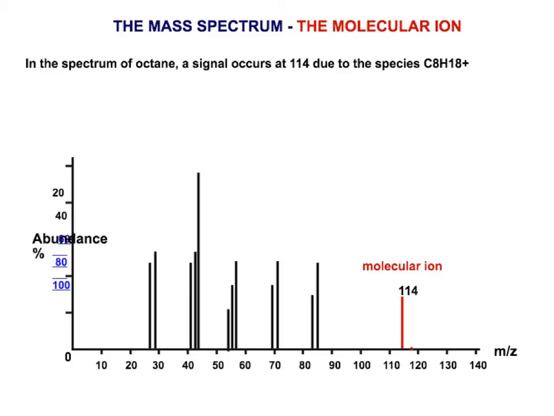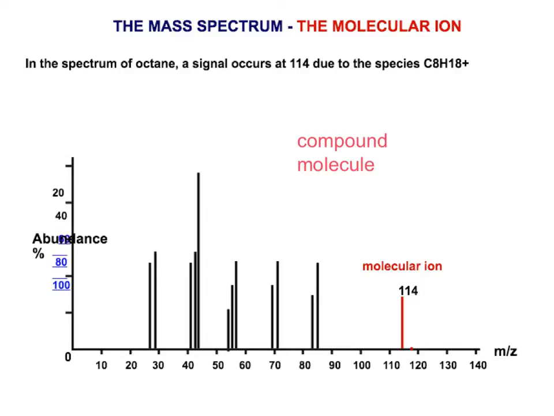It's called the molecular ion, and it's the peak which corresponds to the molecule not being split up, so the full unsplit version of it minus an electron. The molecular ion has an m/z value which is equal to the relative formula mass of the compound. This is really useful as we can use it to help identify what the compound or molecule is.